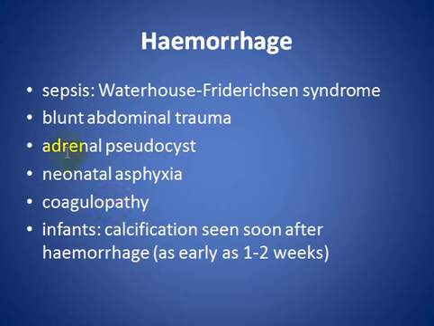Hemorrhage can result from sepsis, like in Waterhouse-Friderichsen syndrome, traumatic, adrenal pseudocyst, neonatal asphyxia, coagulopathy. In infants, calcification is seen after the hemorrhage as early as 1 to 2 weeks.